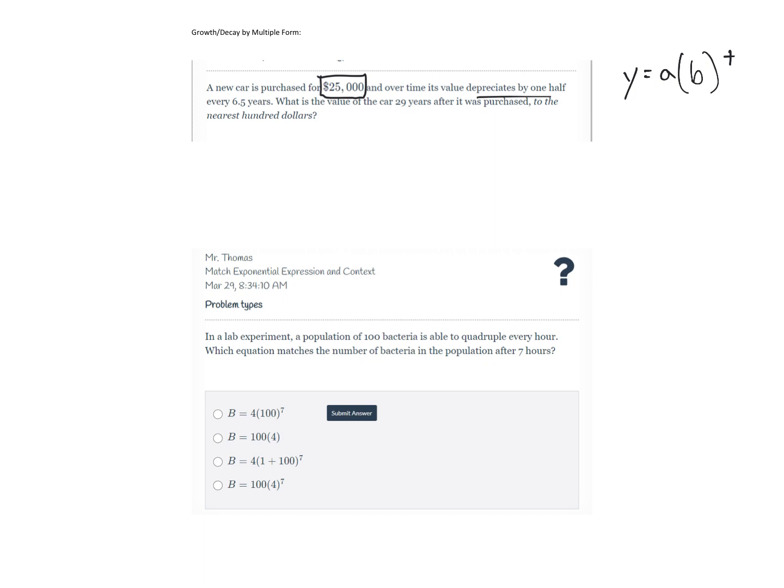Depreciates by 1/2. What does that mean? It goes down by 1/2. So 25,000 times what? 1/2. So your A is 25,000. What are you multiplying by each time? 1/2. So it's as simple as that, and raised to T. T is your time.